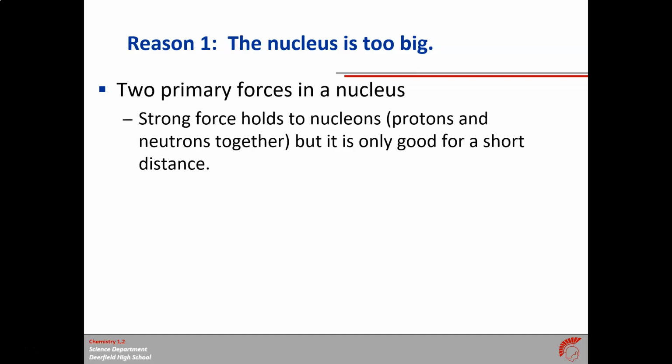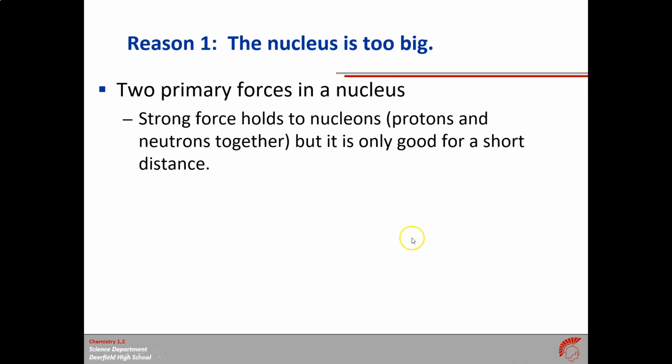So the particles have to be very close together in order to have the strong force work on them. As the nucleus gets bigger, the protons and neutrons, the nucleons, get further apart from each other. The stuff on the left side of the nucleus is not close to the stuff on the right side of the nucleus, and so there's no strong force necessarily holding those exterior particles together.